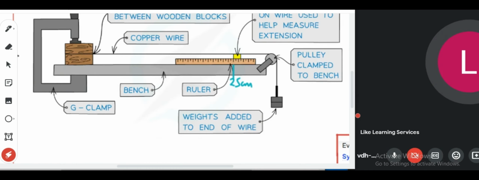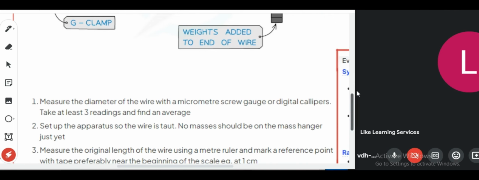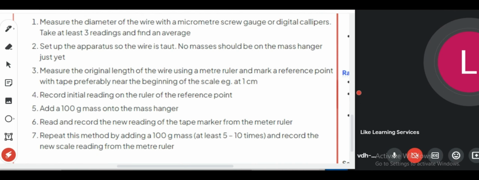So we measure the original length from here to here, the original or unstretched length, and mark it. For instance, 25 centimeters. Then we record the initial reading on the ruler of the reference point, 25 centimeters, for instance. And then we begin to add the masses.